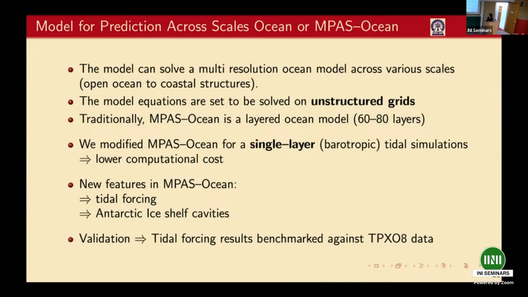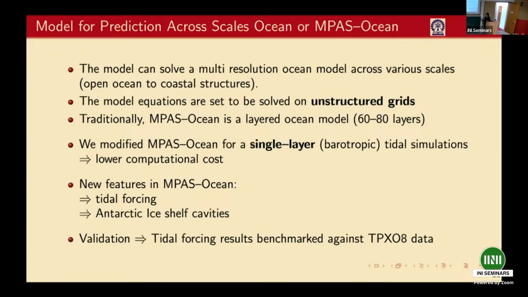The salient feature of this model is that it can capture the multi-resolution property in ocean dynamics. That is, it's an eddy resolving model. It can capture eddies and also the large-scale ocean circulations. The way it can do this is that the model equations are solved on an unstructured grid.